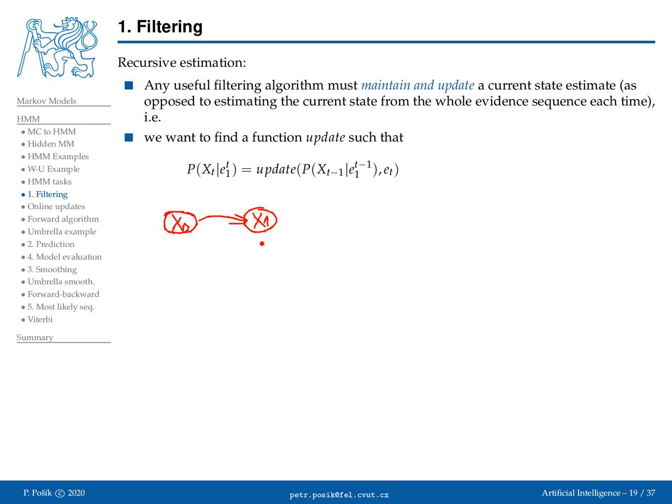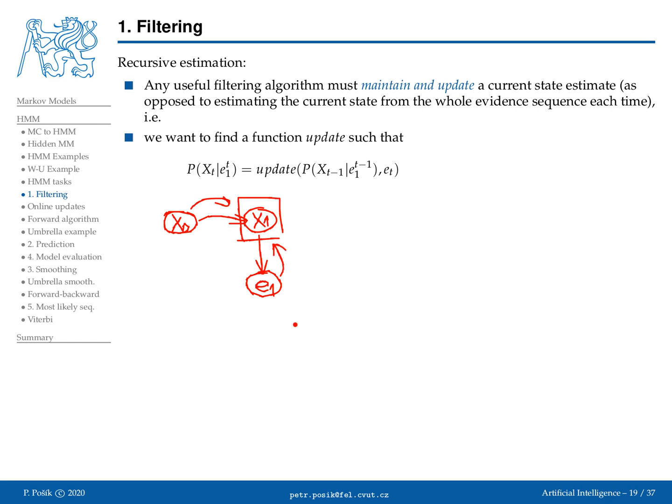What you will observe is something generated by the emission model as the first emission or observation. So you are interested in this part, in the distribution over the possible values of variable x1. And you would like to do the estimation based on the previous state and based on the current observation.